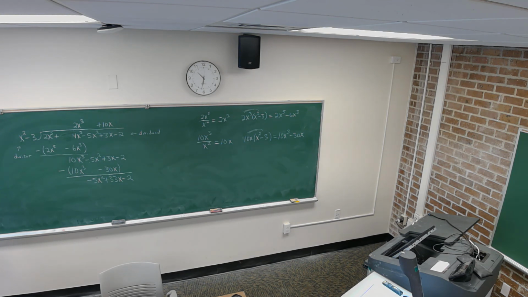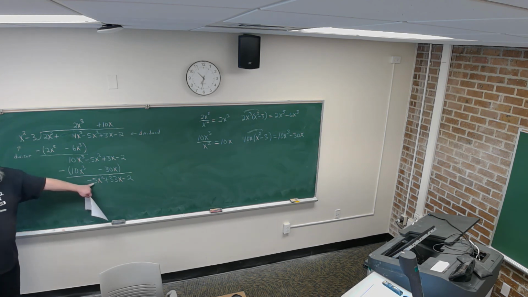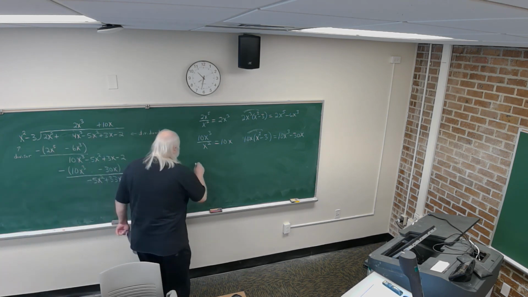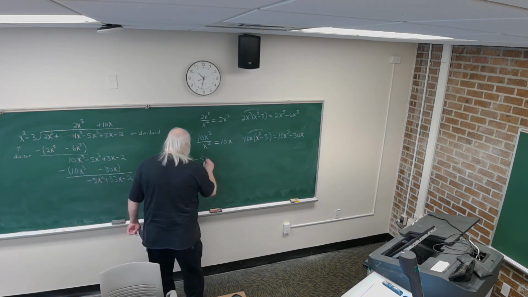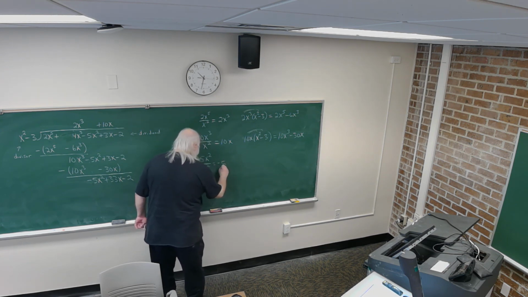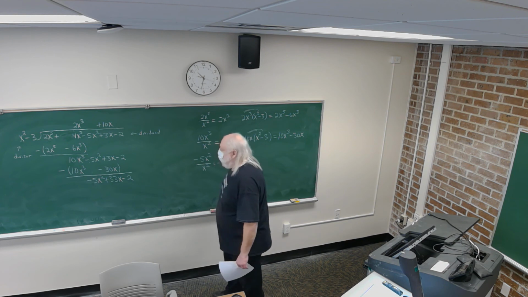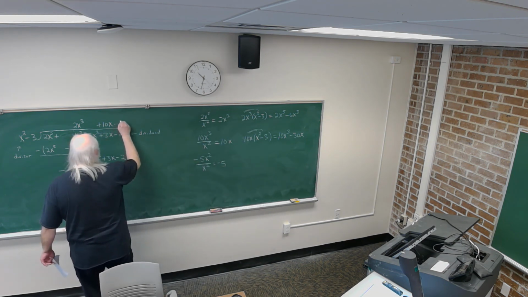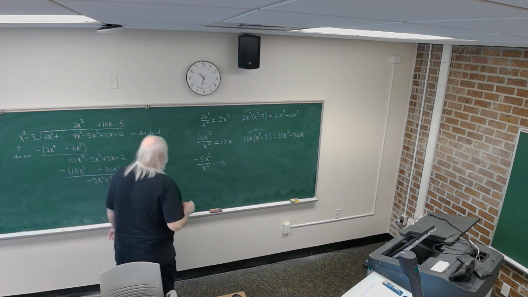We're almost done. Now you gotta ask yourself, how many times does x squared go into minus 5x squared? Well, minus 5x squared divided by x squared is minus 5. So x squared goes into minus 5x squared minus 5 times.